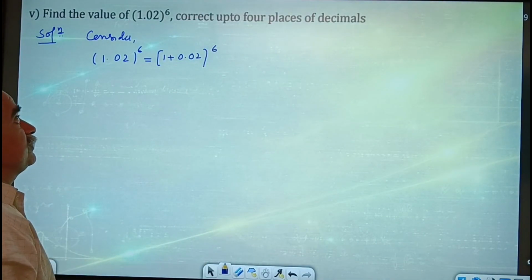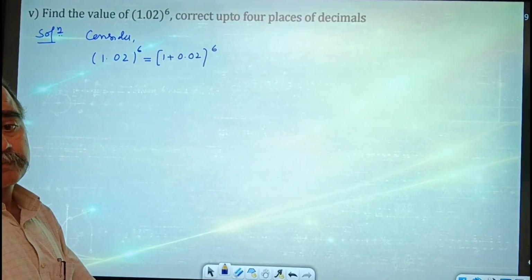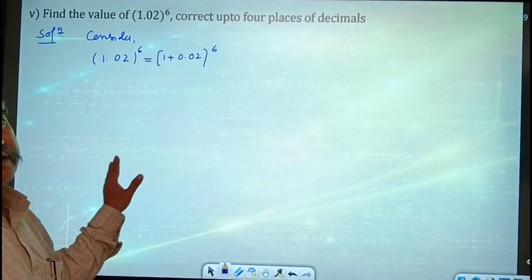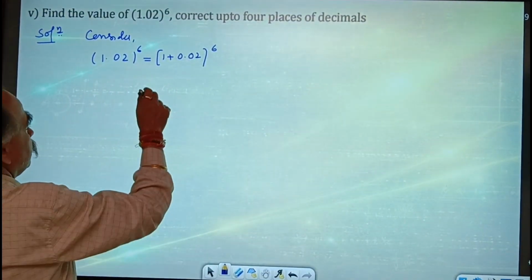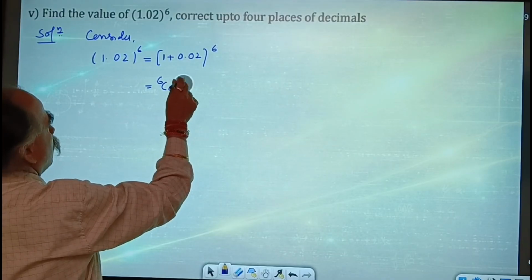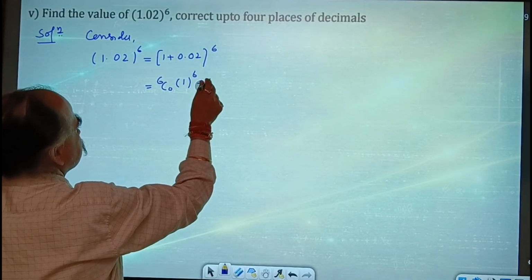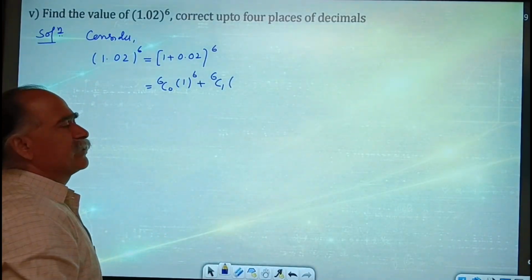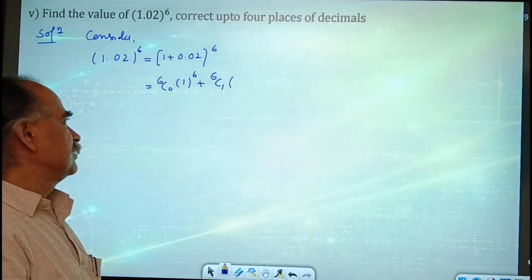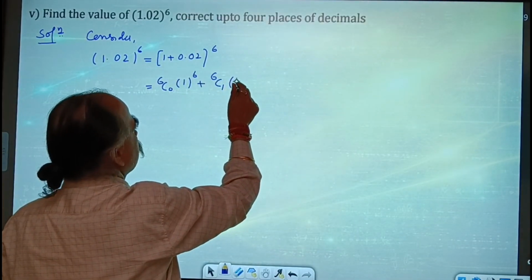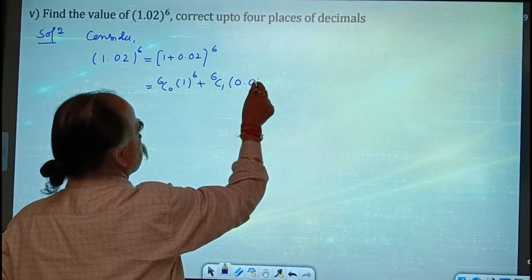So take care. Here we need to find out up to 4 places of decimal, so we don't need to expand 100%. 6C0 1 raised to 6 plus 6C1. No need to write the power of 1 because 1 raised to any number is what? 1 only. Just keep on increasing the power of 0.02.